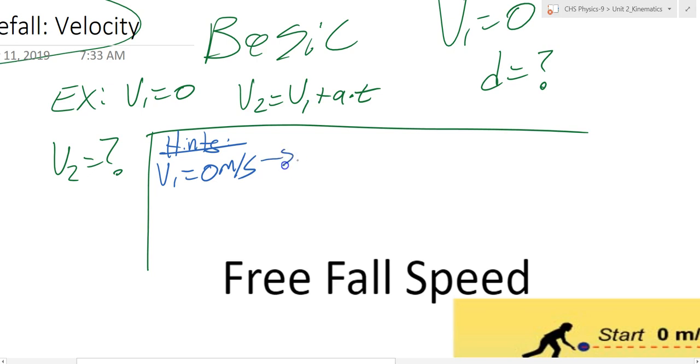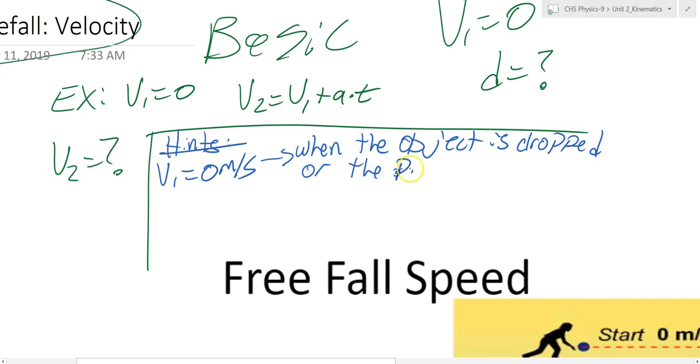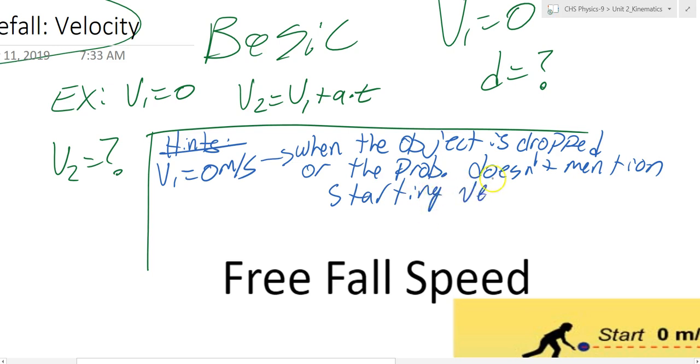And we know that because it'll say something like when the object is dropped, or the problem doesn't mention it. When it doesn't mention starting velocity.